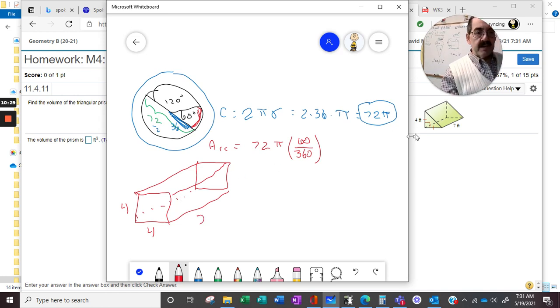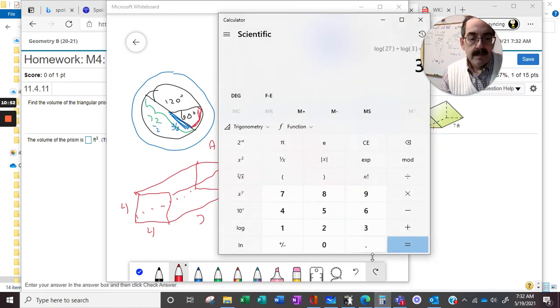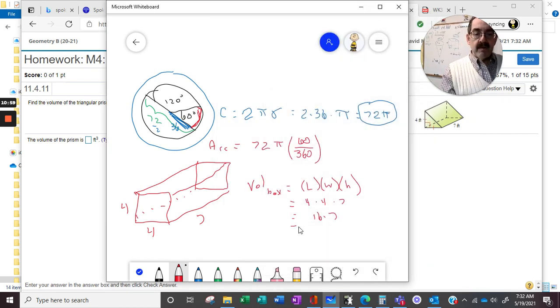Now, these little hash marks here mean equal. So 4 by 4 by 7. So the volume of this box is length times width times height. 4 times 4 times 7. 4 times 4 is 16. 16 times 7, I have no idea. 16 times 7, 112. So we have 112.